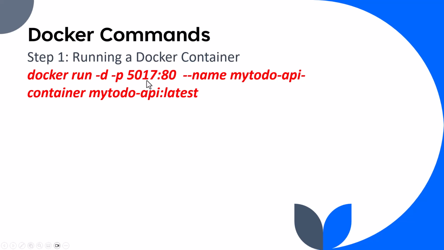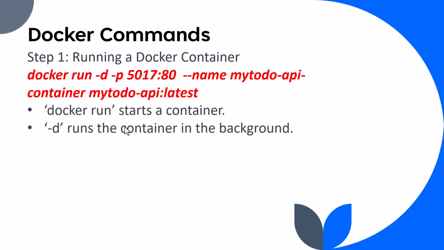Then --name is the name of the container, which is my-todo-api-container, and this is the image to be used, that is my-todo-api:latest.